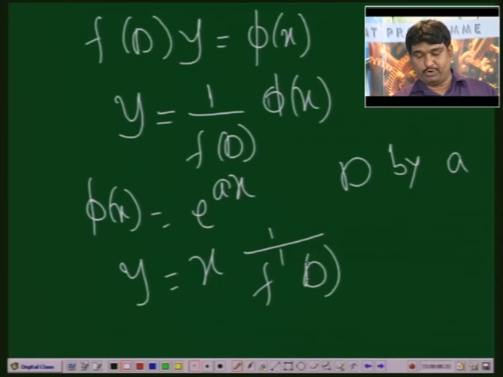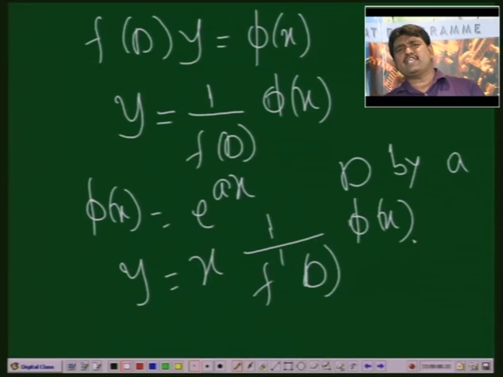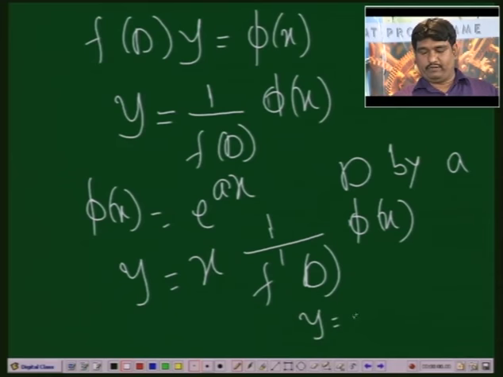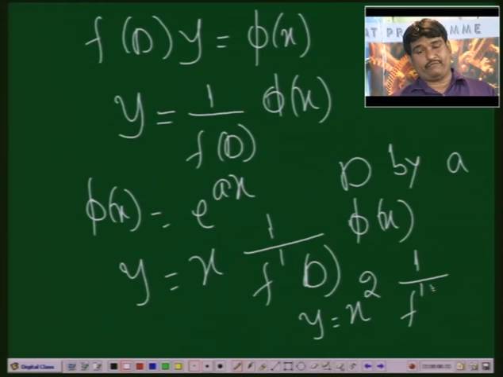You just differentiate the denominator and then operate it on phi of x. The same rule follows. Now you replace D by a provided f dash of a, that is the denominator, is not equal to 0. If the denominator becomes 0 again, then y will be x square into 1 by f double dash of D operated on phi of x, and so on.